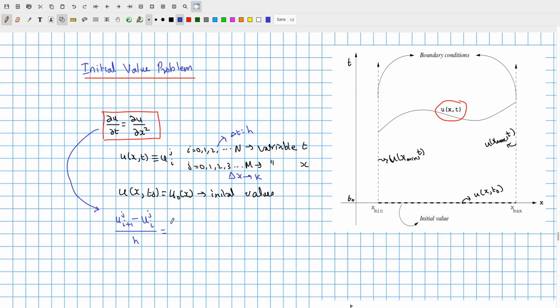So for the time being I am not going to write the index which corresponds to time.